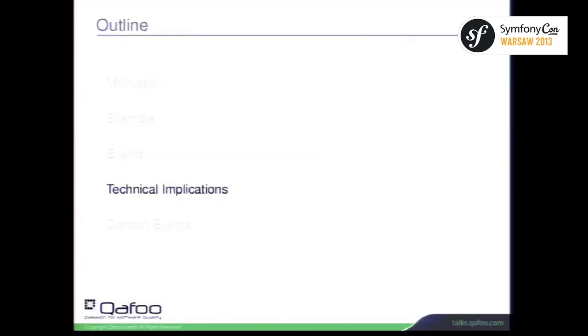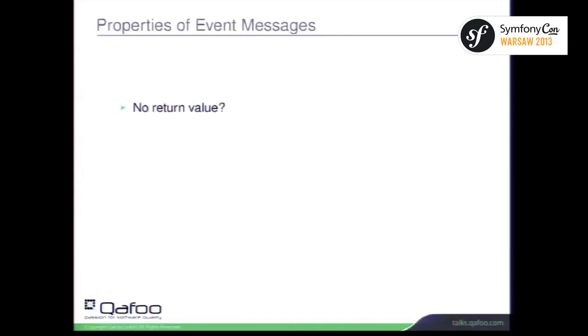What technical implications do events have? Using events in your system, as I said before, introduces a layer of indirection, and we will see what this looks like. We have to think a little bit about how this works and how this may make our applications a little bit more complicated, and how we can deal with that. So event messages, in the best of all worlds, don't have a return value.